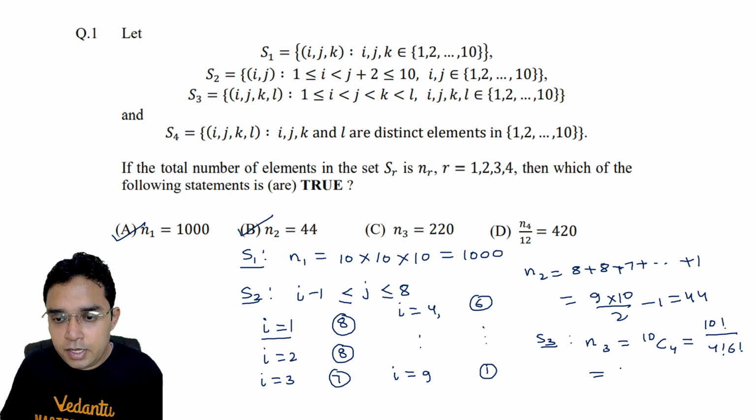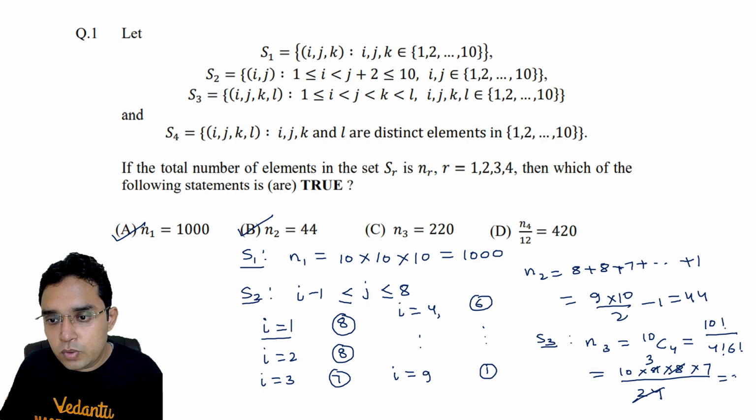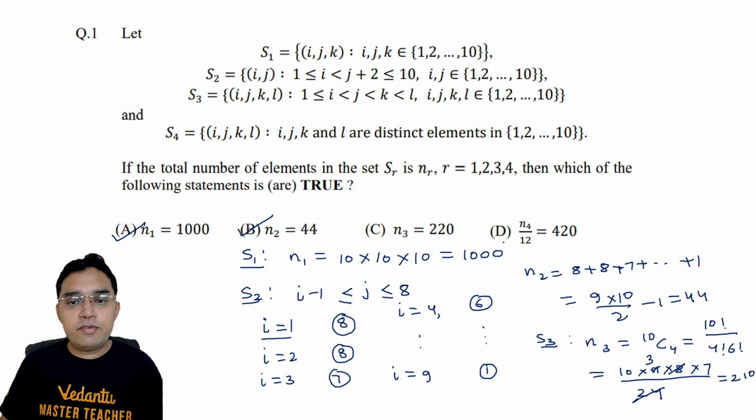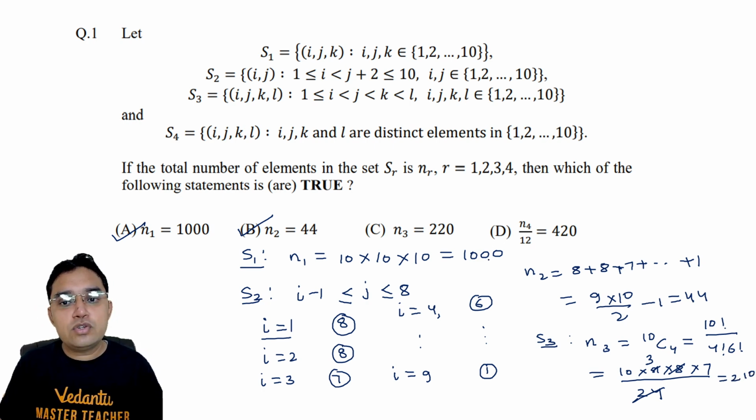So if we solve it, 10 into 9 into 8 into 7 upon, I can write this as 24. So 24 will cancel 8 into 9 three times. So this will be 210. Whereas they have given 220. So this C is not correct.